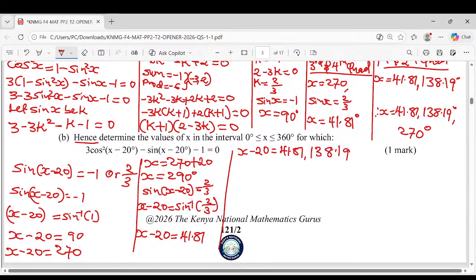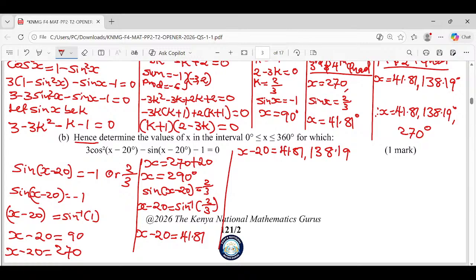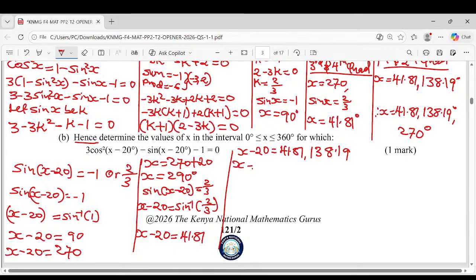138.19. When you have those particular values, ladies and gentlemen, what are we going to do? We are now going to add 20 to both sides because it is crossing over. So my x will be given by 41.81 plus 20, which is 61.81, and 138.19 plus 20, which is 158.19.